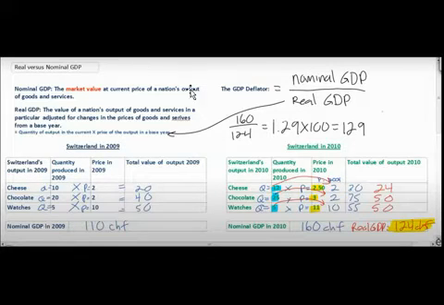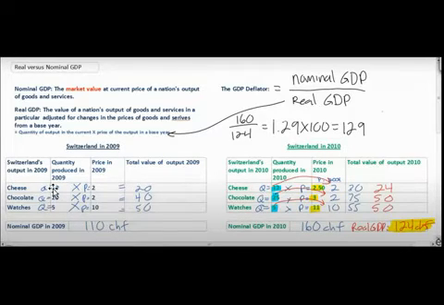Okay, tingnan naman natin kung ano yung, dito wala pa tong real GDP. Tingnan natin dito pagdating sa 2010, meron na tayong mako-compute na real GDP. So, let's see the difference. So, same products, meron tayong cheese, meron tayong chocolate, meron tayong watches.